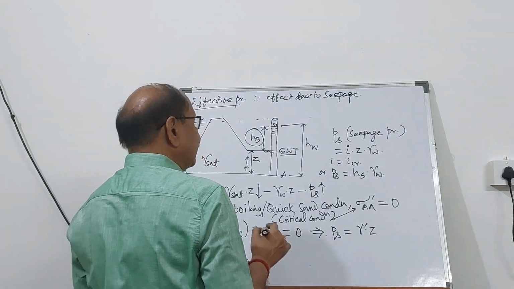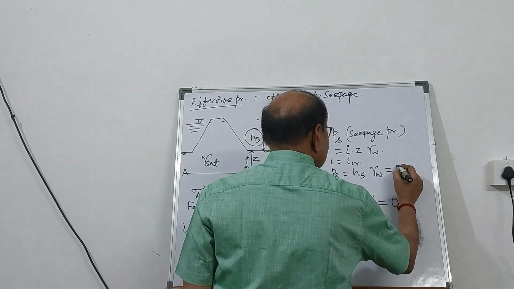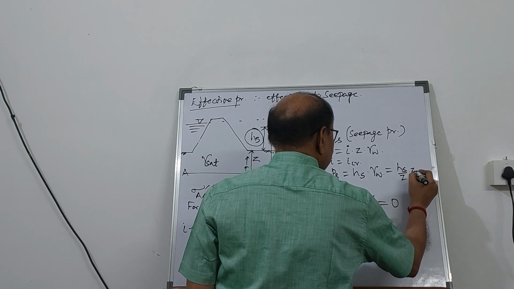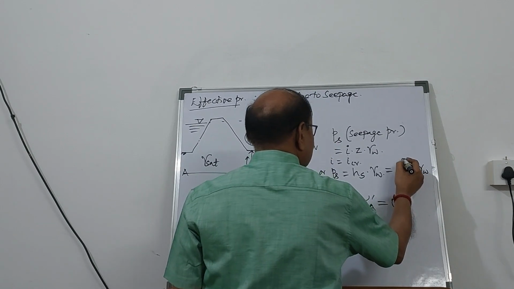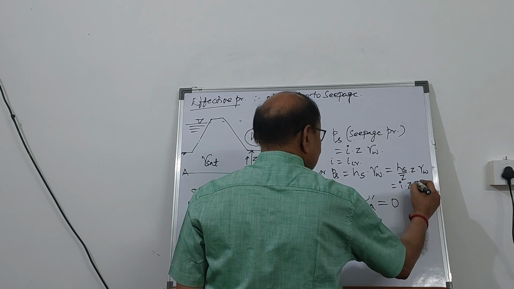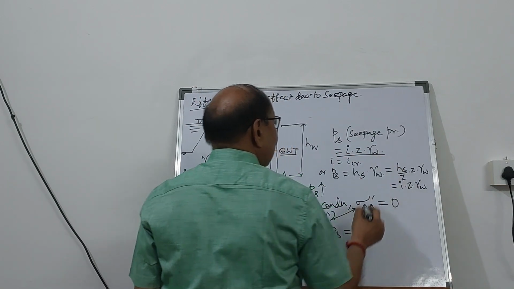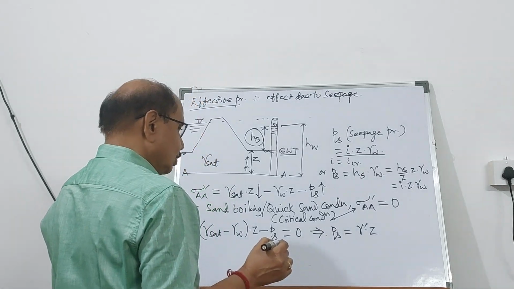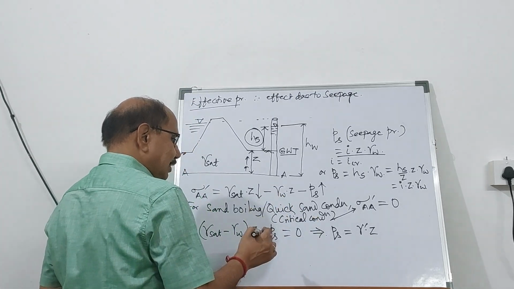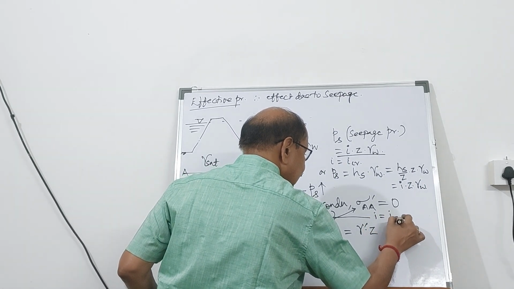And you know that this can be written as this net head divided by Z into Z gamma W. So this net head divided by Z is called the hydraulic gradient. Therefore, I can write seepage pressure equal to I Z gamma W. So this is the critical condition, and for critical condition I equal to I critical.